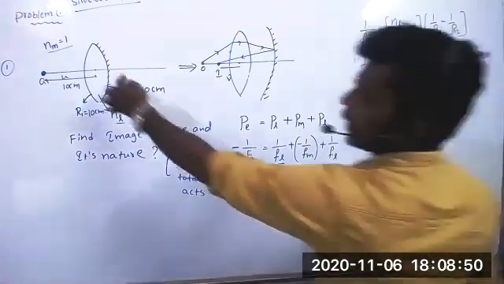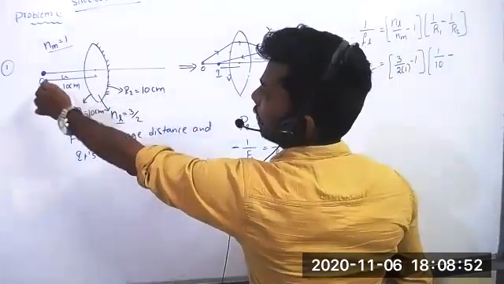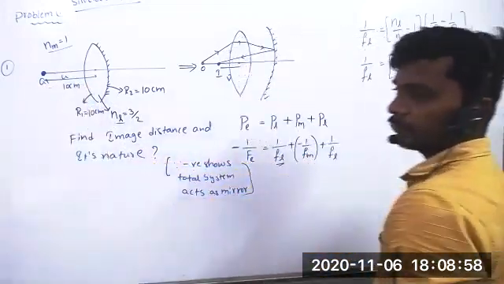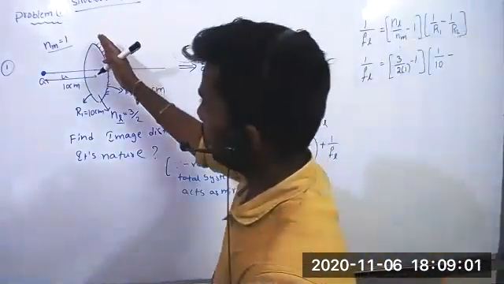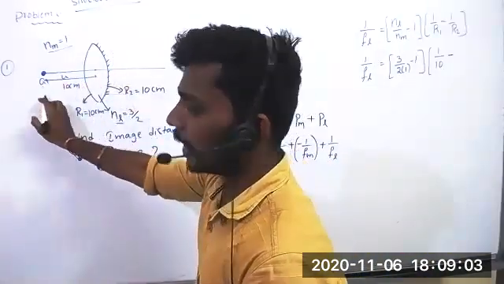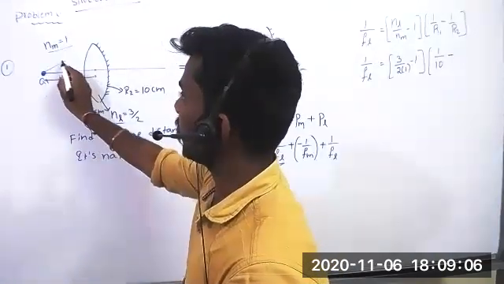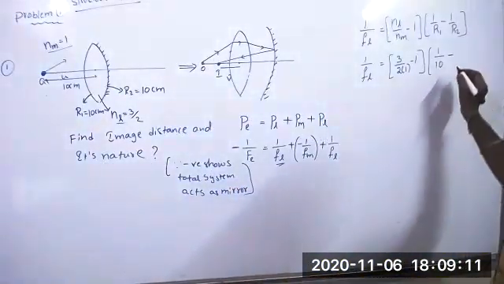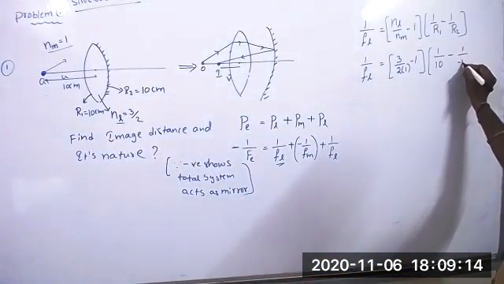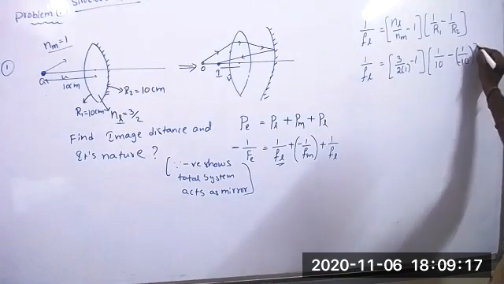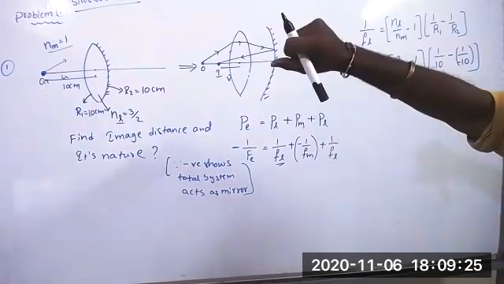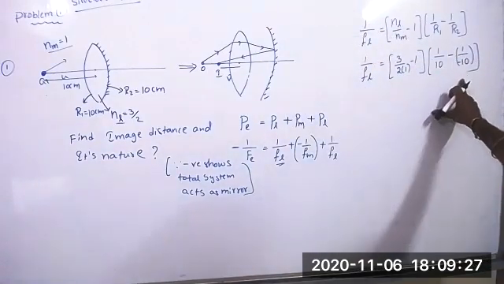Minus this surface, where will the radius of curvature be? In this direction. So that is negative. Light is coming in this direction, and you are moving in this direction, so negative. So 1 by minus 10.